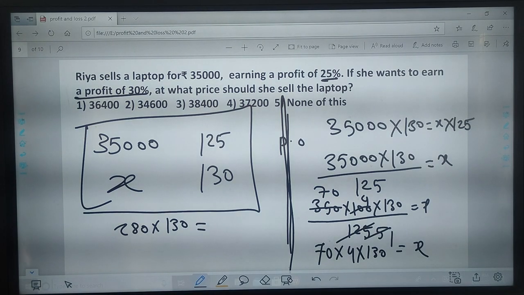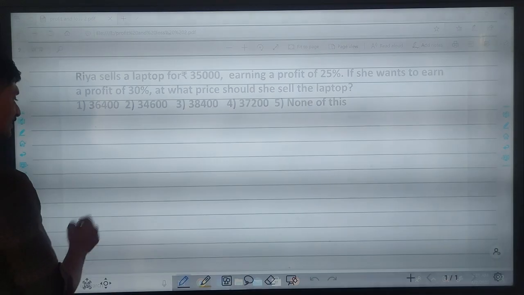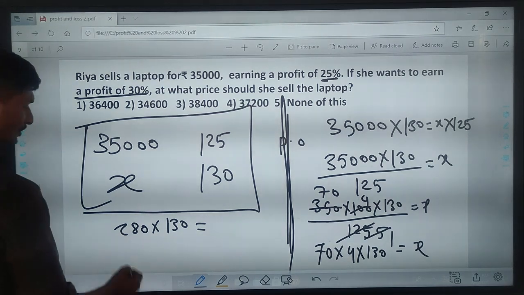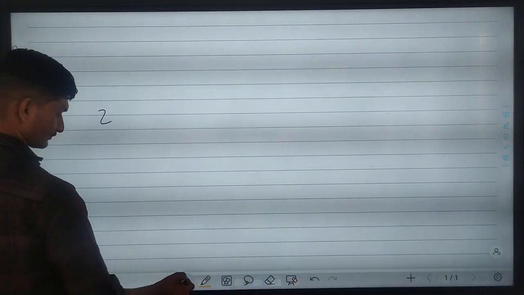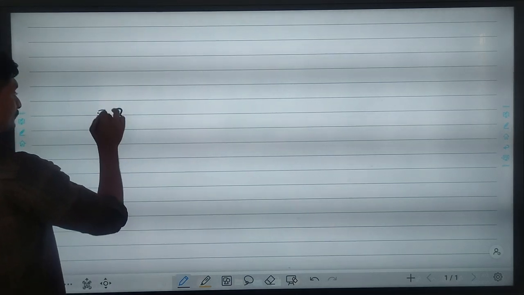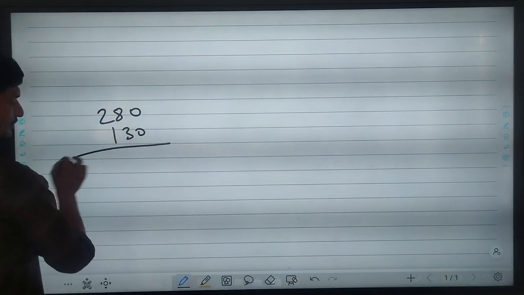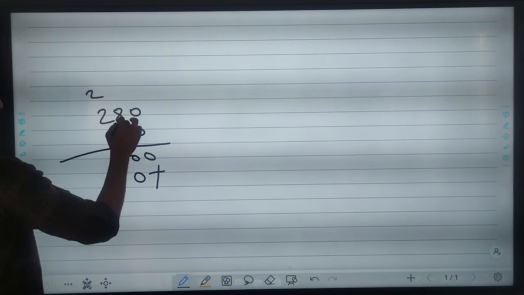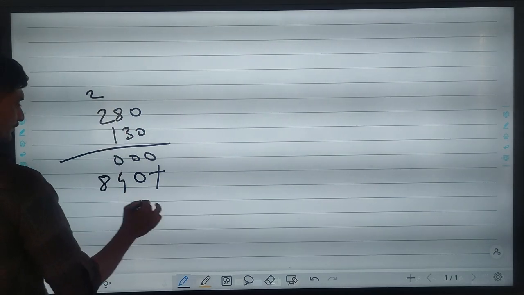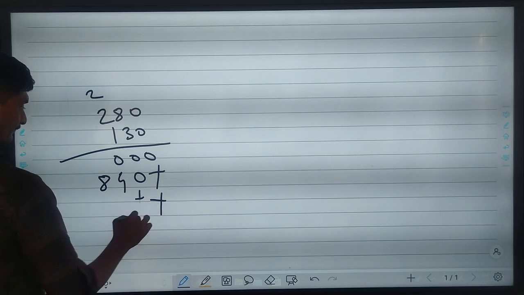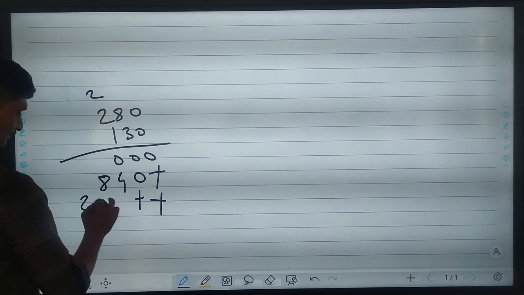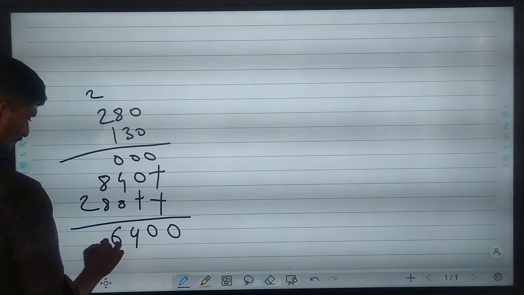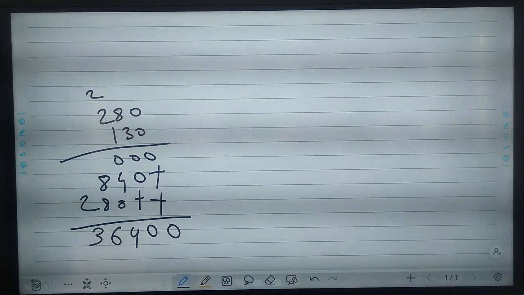If you multiply these two, 280 into 130 is 36,400.